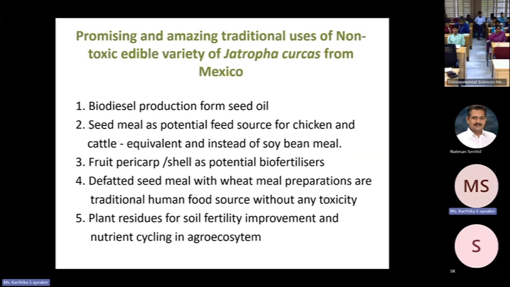Why should you think about replacing soybean? We use it for fish, chicken, and cattle, ruminants, particularly milking cows and beef cows, and it is working fine. Then the fruit pericarp shell as a potential biofertilizer. Detoxified seed meal with wheat meal is used to prepare a traditional human food source without any toxicity in Mexico, where they are consuming it. Then plant residues for soil fertility improvement and nutrient cycling in the agroecosystem.